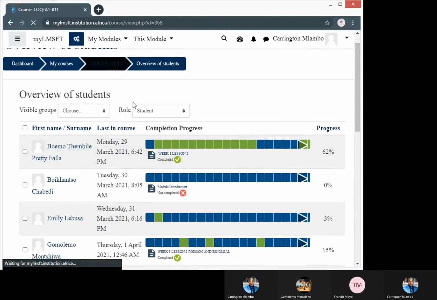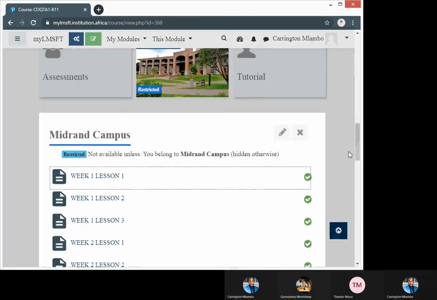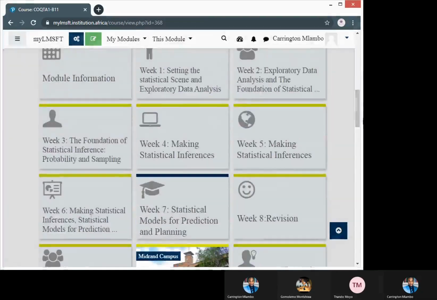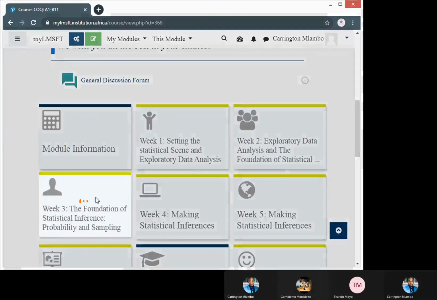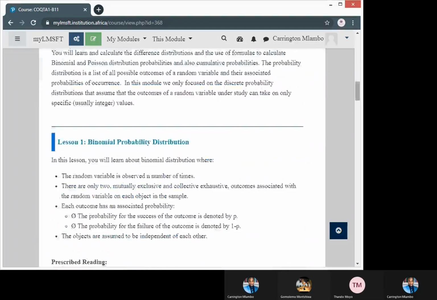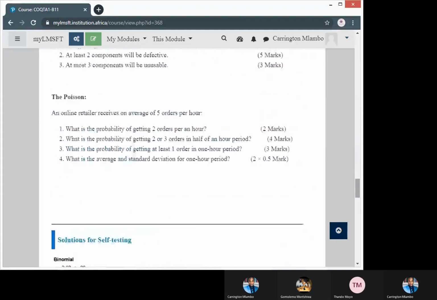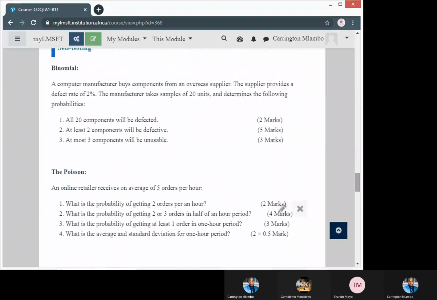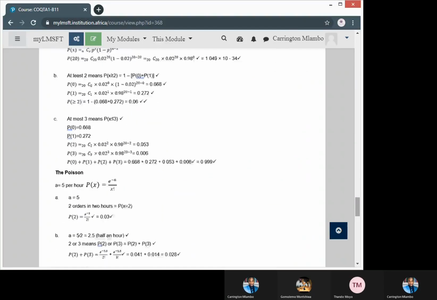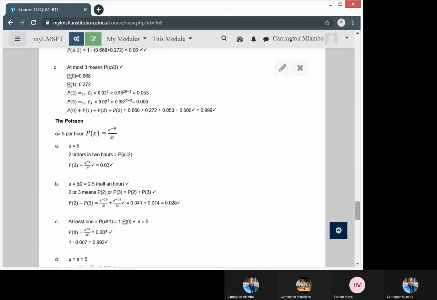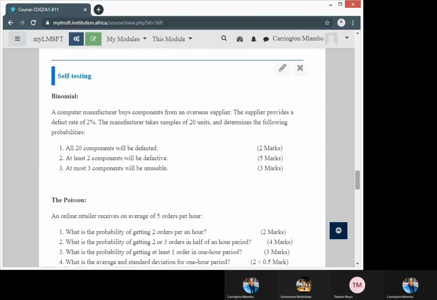So make sure you practice these things that I upload on the mid-run page. And if you go also to, for example, we are in week 3. If you go to week 3, at the end, you're going to see questions, right? Binomial, then Poisson, and solutions as well. You can see that. So go through those things to help you.